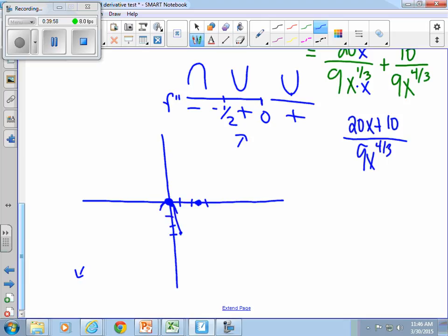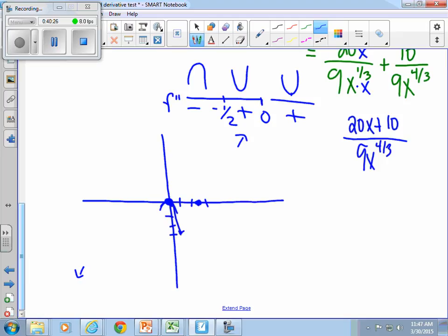Okay. And then I am increasing, then decreasing, and then increasing. Is that correct? And then my concavity is I am concave down until negative 1/2, and then I change to concave up.